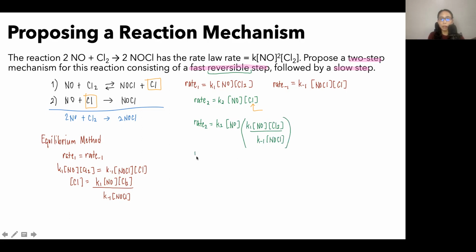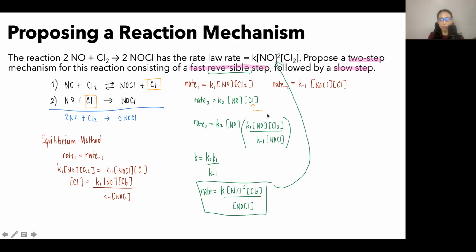If we let K be K2 times K1 over K-1, then we have the overall rate as K times NO squared times Cl2 over NOCl. And here, with our proposed mechanism, we see that it's not acceptable because the derived rate law is different from the experimental rate law. So this is not a plausible mechanism.